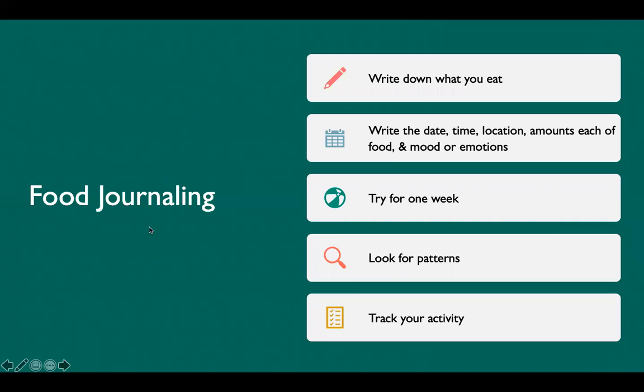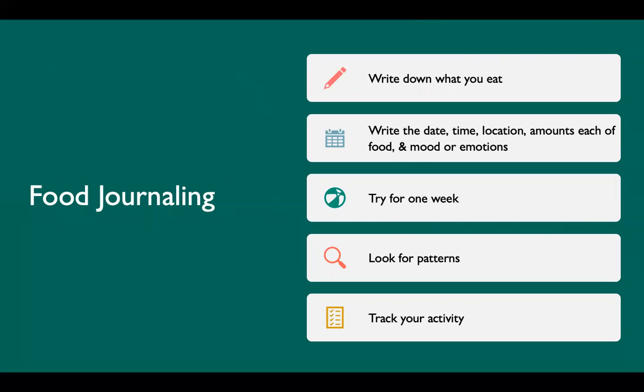And then lastly, you can practice food journaling. It's very similar to exercise journaling. You can even combine the two. So you would write down what you eat, the date, time, locations, amount of food, moods and emotions. This is really important for eating because it would help determine if you're eating out of stress, if you're eating out of sadness or boredom.